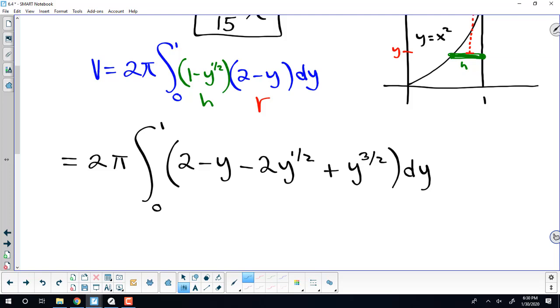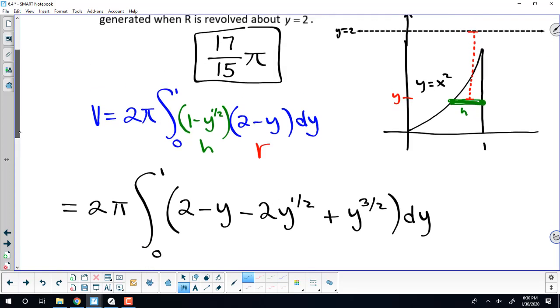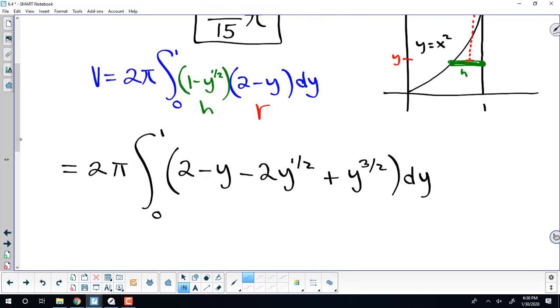It's sort of tedious because you've got these fractional powers. The lower boundary of 0 makes it pretty easy. The upper boundary of 1 makes it a little bit easy too. So anyway, 17 pi over 15 is what you should get out of that.